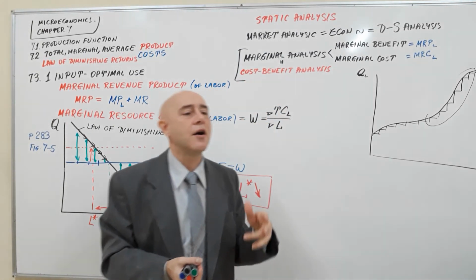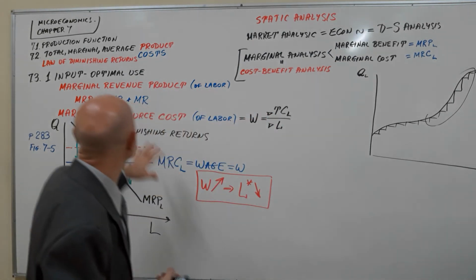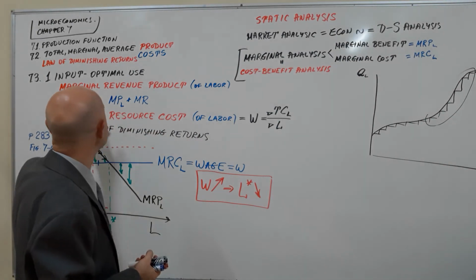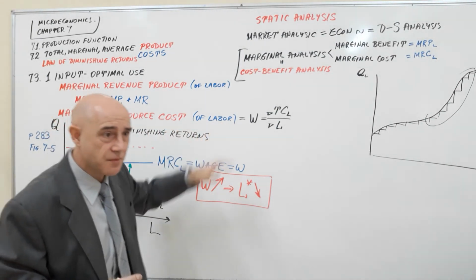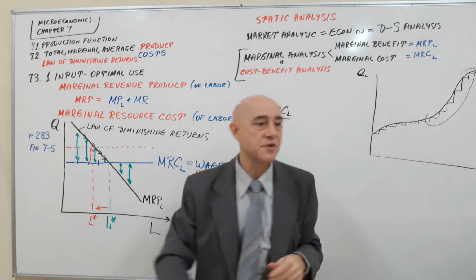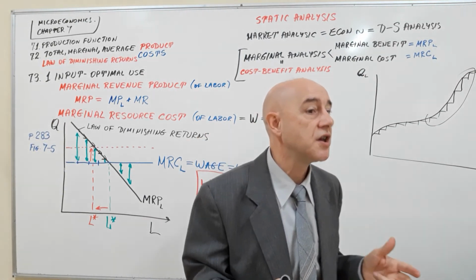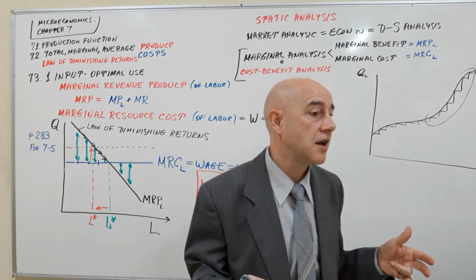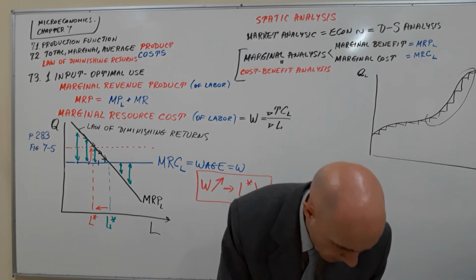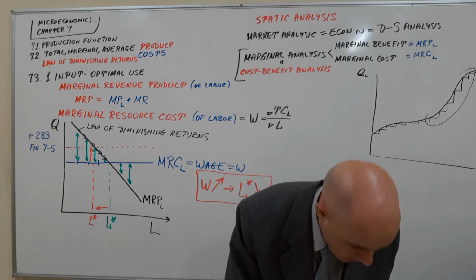Now, a different way of saying it is, what is the marginal revenue product of labor? What is the marginal resource cost of labor? And what is the optimal quantity of labor? Let me take a look again. Yes, the marginal revenue, the marginal cost.